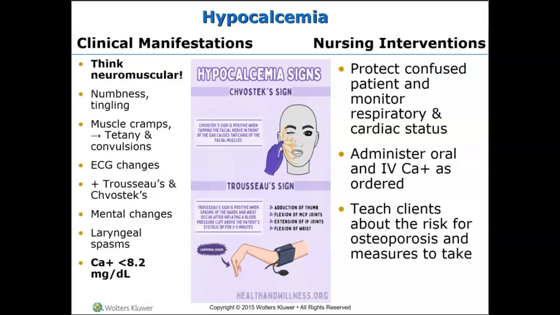So we're going to be testing them for both Chvostek and Trousseau sign. We're going to look for the muscle spasms and contractions and all of that, right? Or that exaggeration of the blinking response. Again, their calcium levels will be below 8.2.